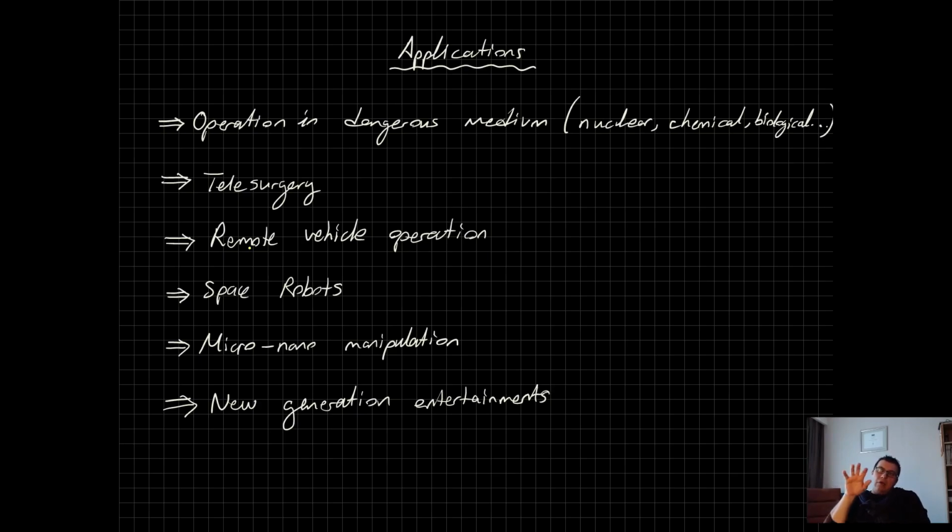So it's like I would like to feel the force as if it's 10 newtons here, but on the other side, in the remote environment, the excavator applies 1000 newtons. It's like a 1 to 100 scale. And similarly for micro-nano manipulation, I would like to make, for example, an injection on a cell, but the cell itself has a diameter of 200 micrometers.